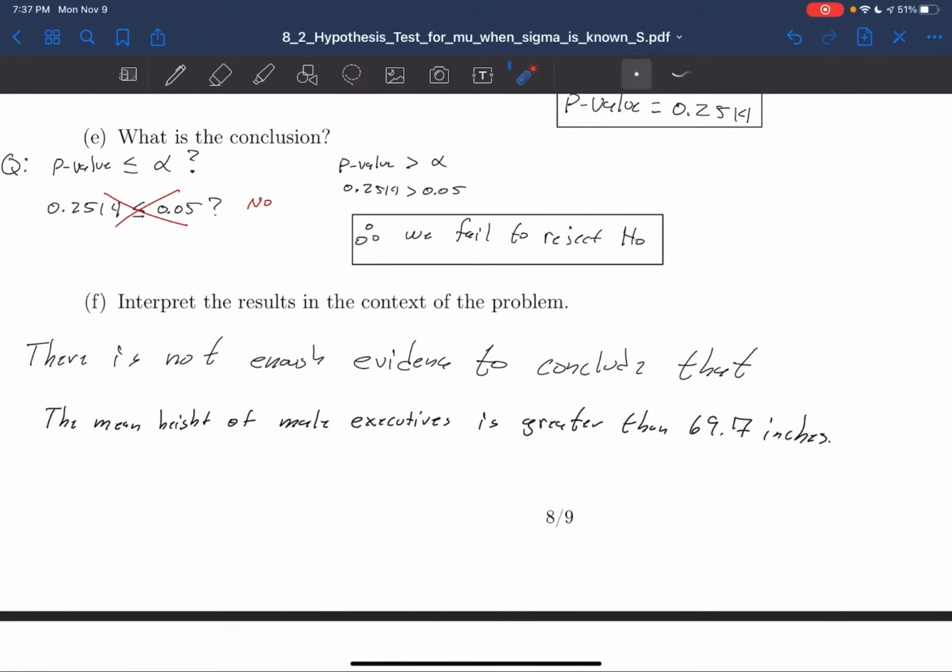So we could say that there's not enough evidence to conclude that the mean height of male executives is greater than 69.7 inches.